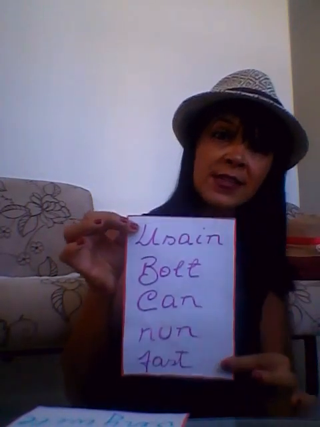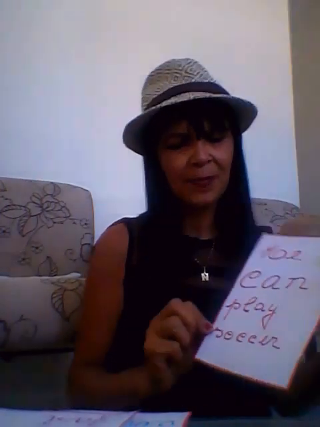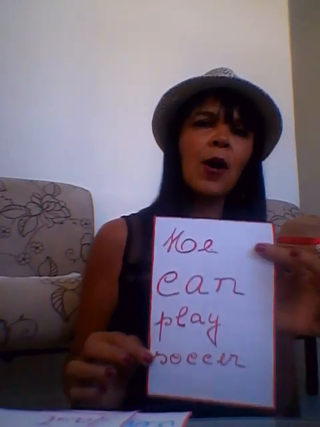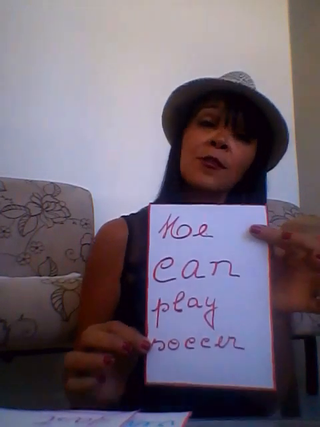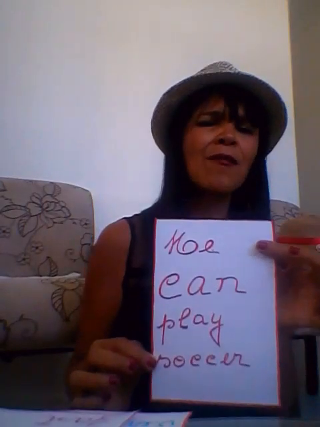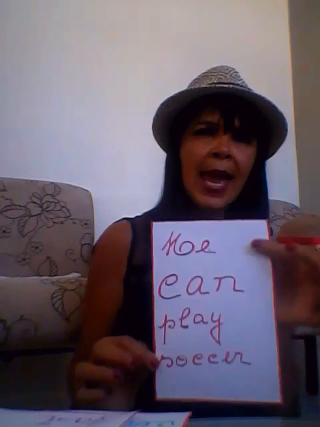So, another affirmative sentence, talking about Usain Bolt's abilities, Usain Bolt's capacities. What about Neymar Jr.? You know our Brazilian soccer player, Neymar Jr. He can play soccer well. Neymar is a soccer player, so he has the ability of playing soccer. He can play soccer well.